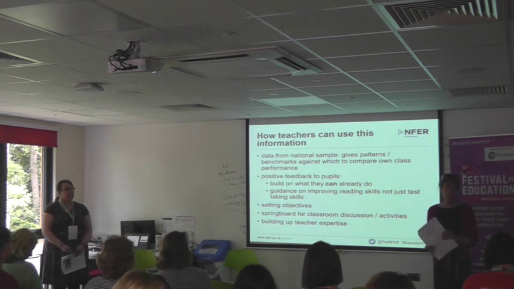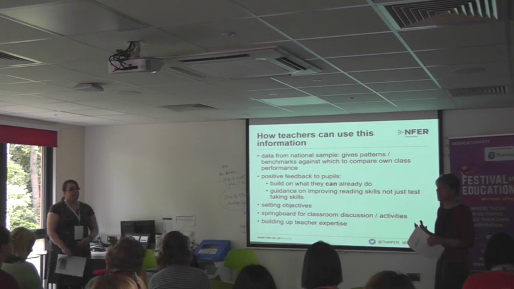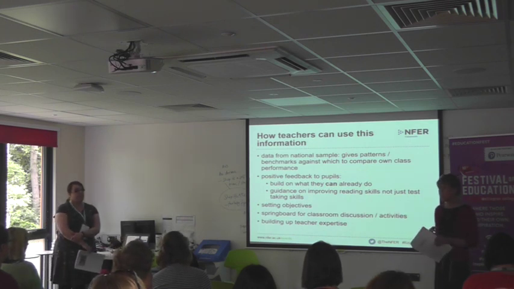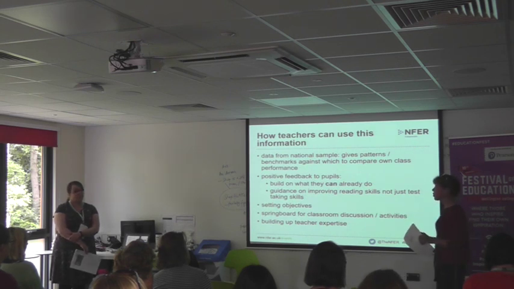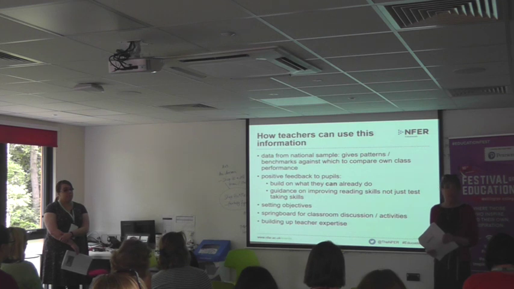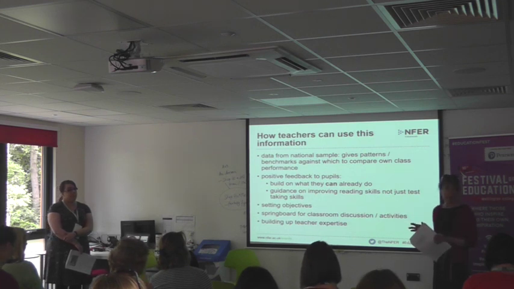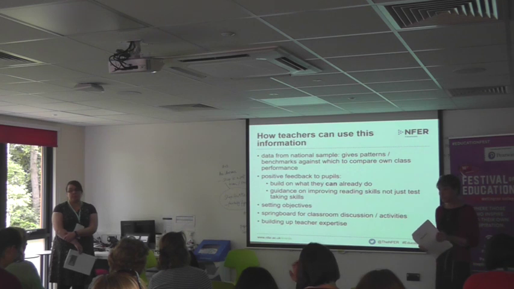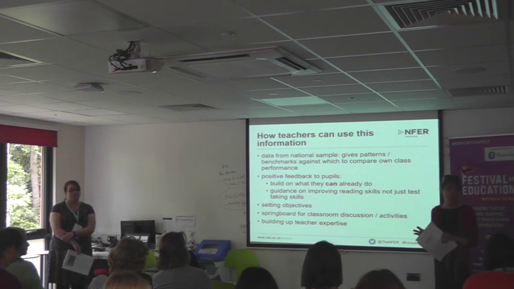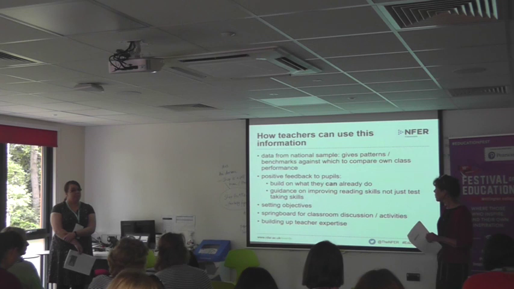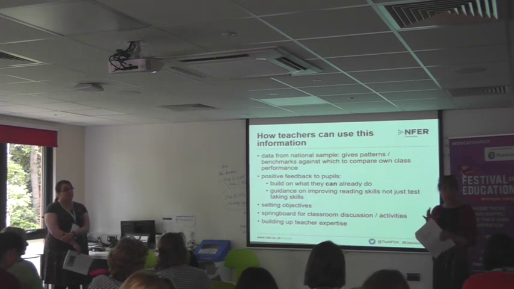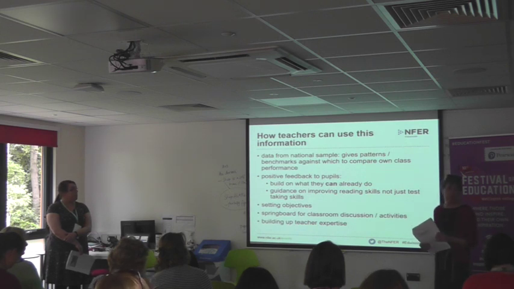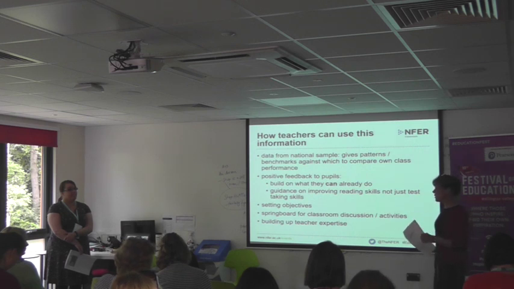And you can do this for yourself, because if you're marking pupils' work over a number of years, especially if you're marking the same assessments over years, you're building up your own bank of knowledge about pupil performance. But teachers who are working perhaps in a low-performing school or a high-performing school may have a skewed view of the norms. And so this gives you a picture of the national norms of performance. And it's quicker than scrutinising your own pupils' answers year after year.